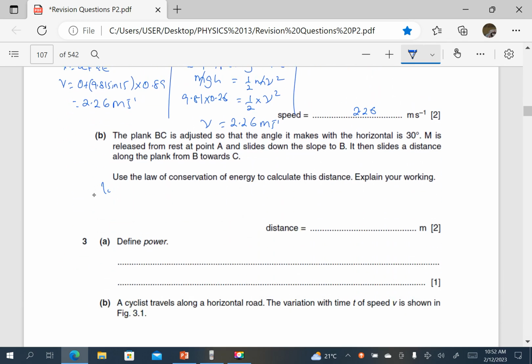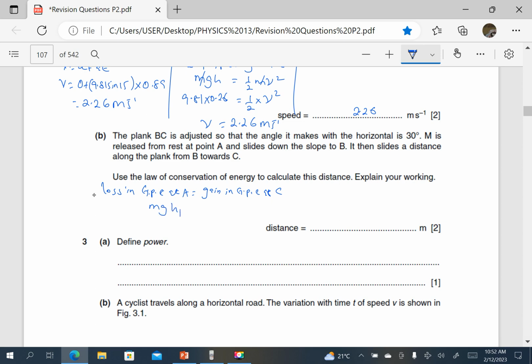0.26. So let's say the loss in gravitational potential energy at A must be equal to the gain in gravitational potential energy at C. So the loss in gravitational potential energy at A was mg.